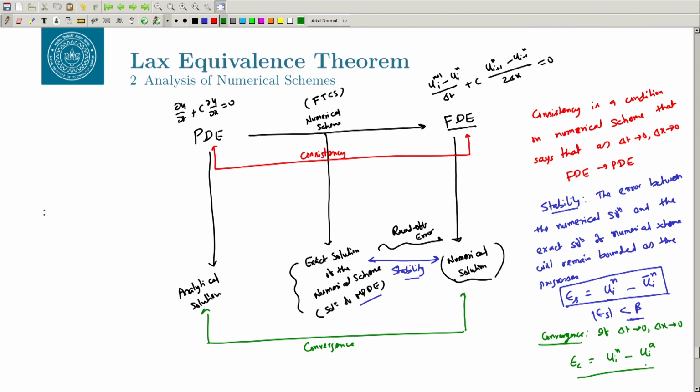Basically, your numerical solution approaches the analytical solution when you make the grid size and the time step size very small, right. So, that is what your convergence criterion says, okay.